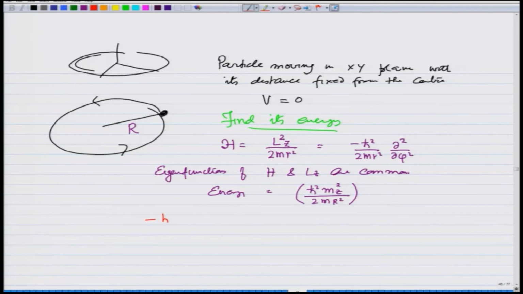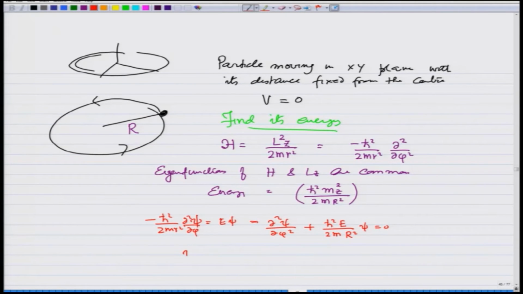So, I have minus h cross square over 2 m r square operating on psi equals E psi, which gives me d 2 psi by d phi square plus h cross square E over 2 m r square psi equals 0.